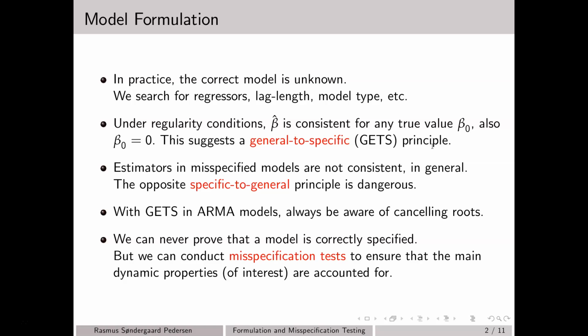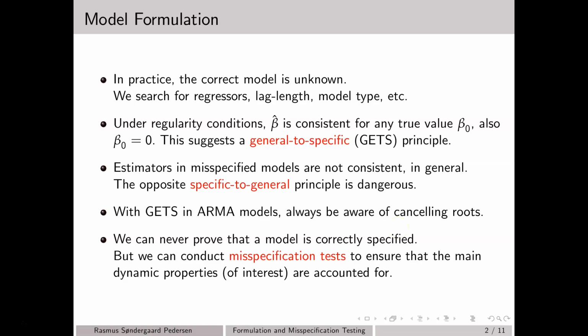One should note that for some models it may not be a good idea to start out with a very general model. So for instance, in the case of ARMA models, we may have so-called canceling roots.